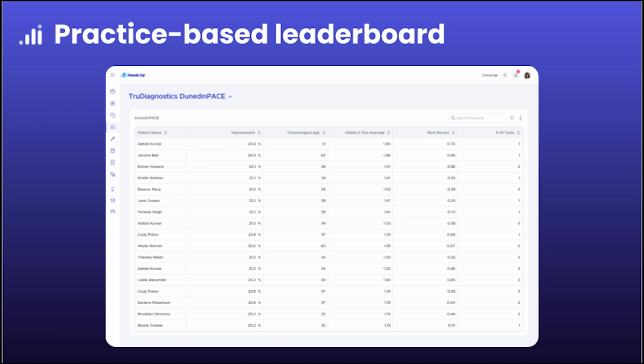Our system is obviously encrypted and secure and HIPAA compliant, and we're just creating an internal Rejuvenation Olympics. So you'll be able to see all of your clients on one screen and see what their baseline was, their most recent, and how much they've improved. So we kind of took that Rejuvenation Olympics concept and just commercialized it so you can use it internally within your practice and not have to be using a public website.